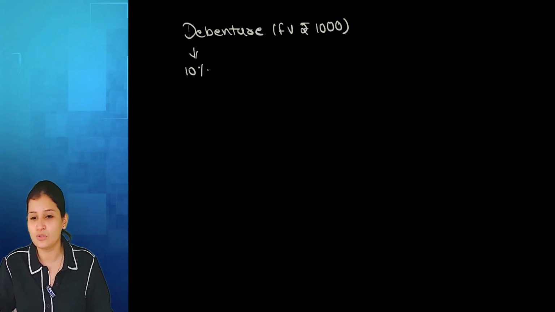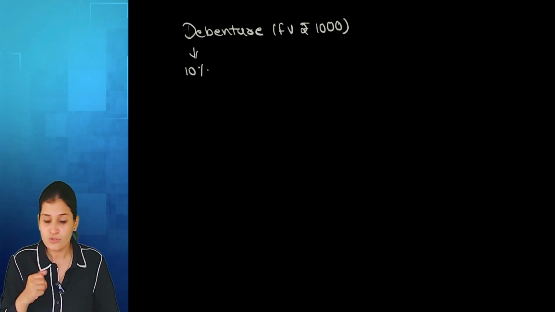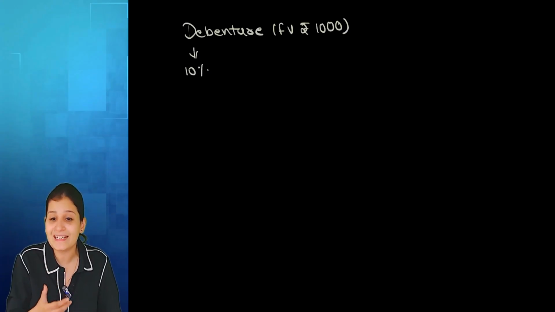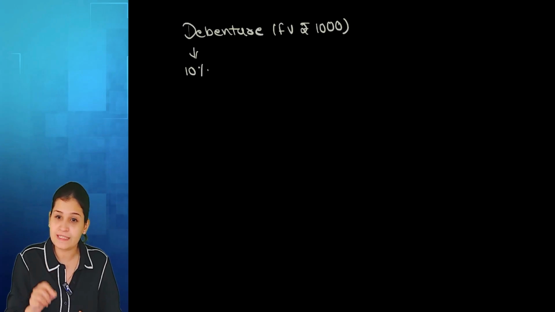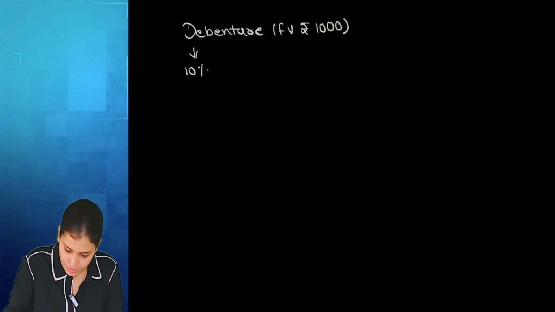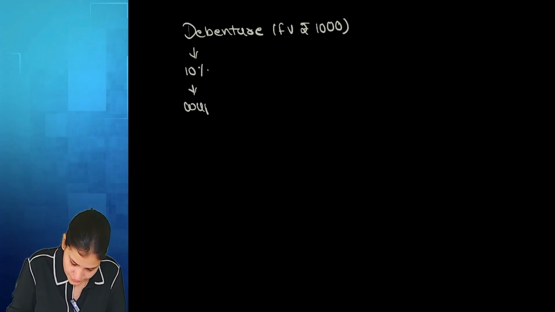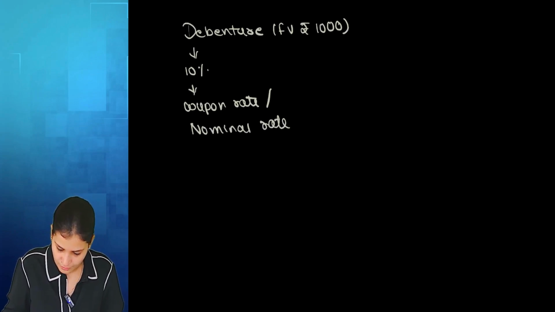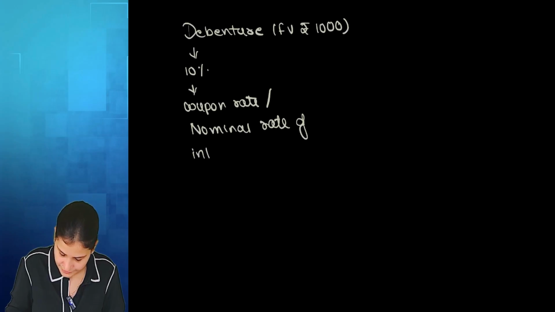Whenever we take a loan, we need to pay interest also. So if the company is taking a loan from the public, then the company has to pay interest. This 10% is that rate of interest, also known as coupon rate or nominal rate of interest.